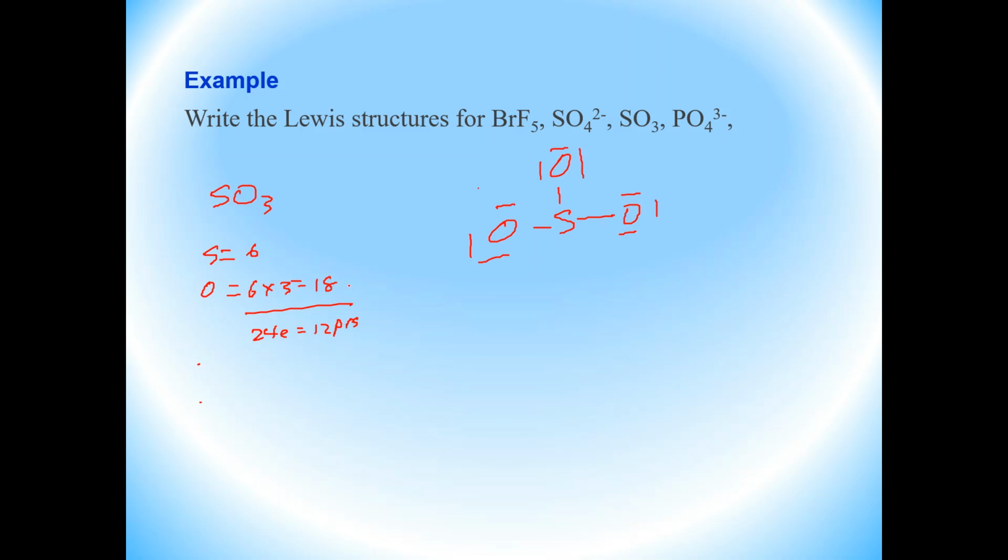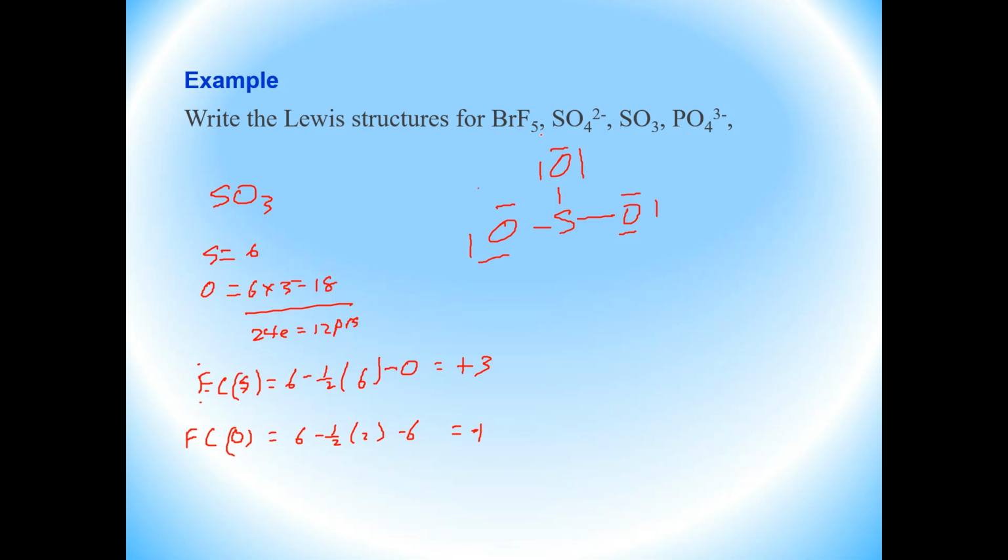Again, we calculate the formal charge. So the formal charge, in the case of sulfur, is the group number, which is 6, minus half of 6, which is the total number of bonding electrons, minus 0. So that would be equal to plus 3. And in the case of oxygen, the formal charge would be 6 minus half of 2 minus 6 equals minus 1.